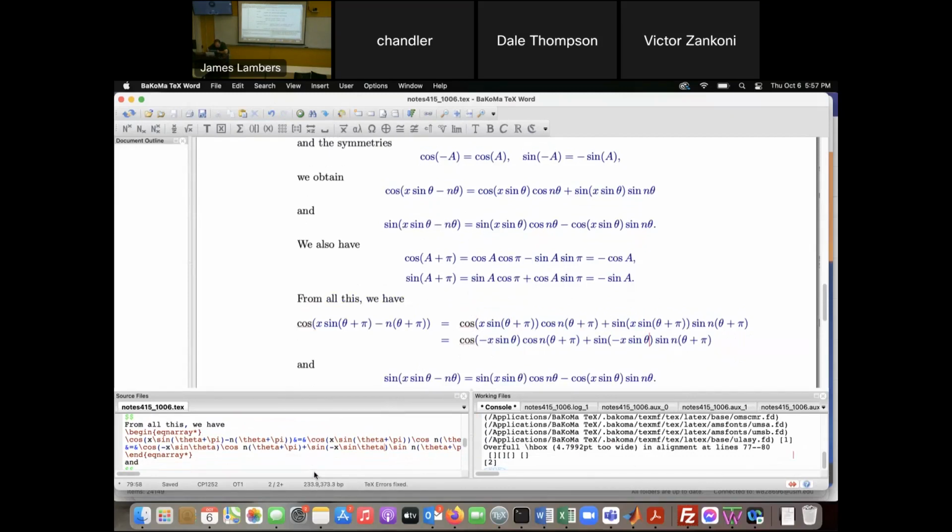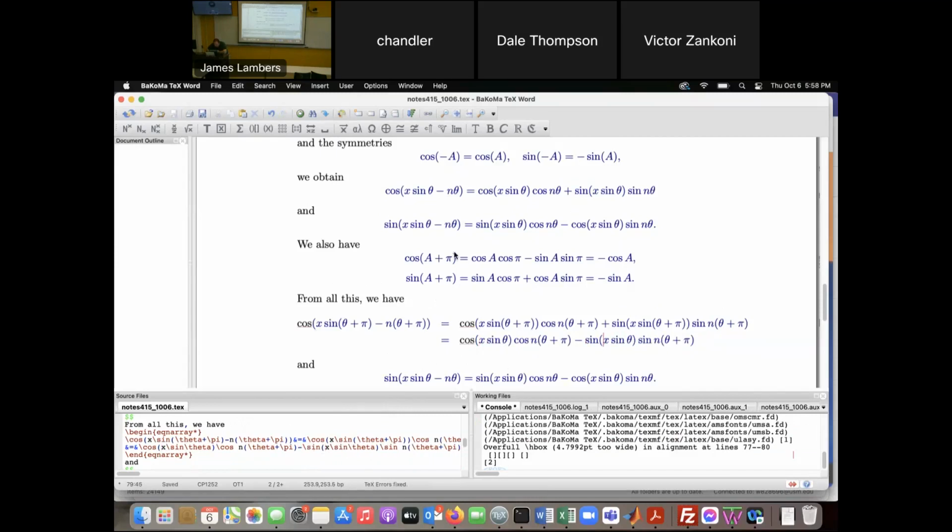So then that minus can get ignored. And then over here, this minus in the sine gets pulled out, because of sine being an odd function.